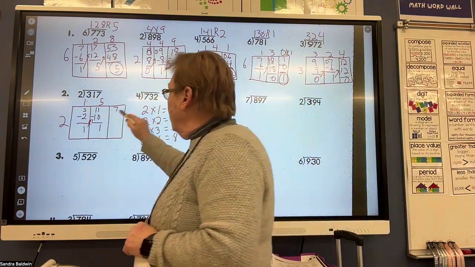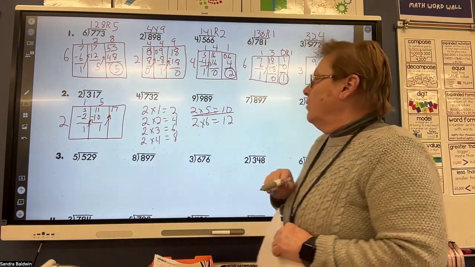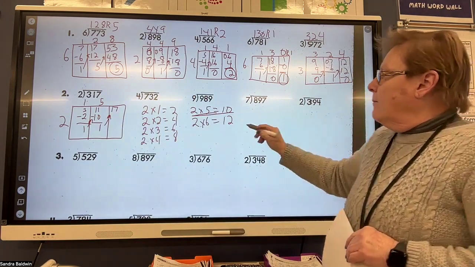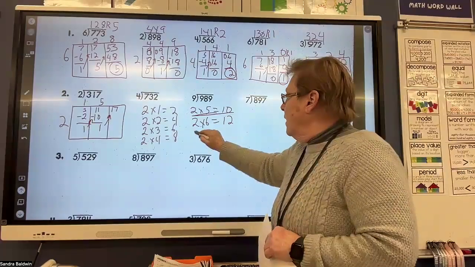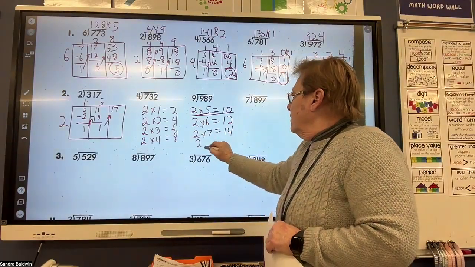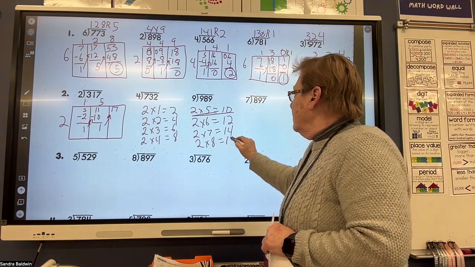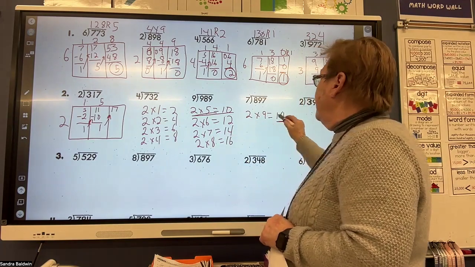So I'm going to move that over to the ones. Now I have 17 ones. How many groups of 2 will go into 17? Well, I'm at 12, so let me continue. 18 is too much.